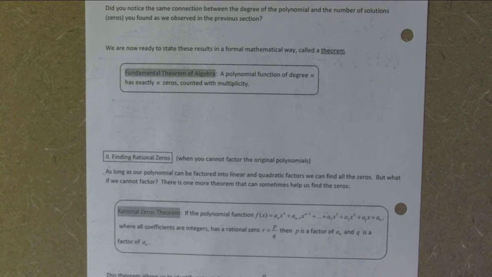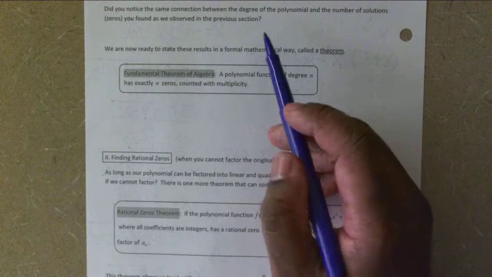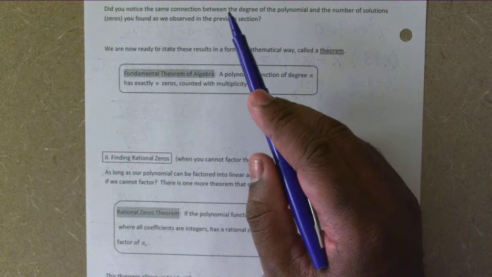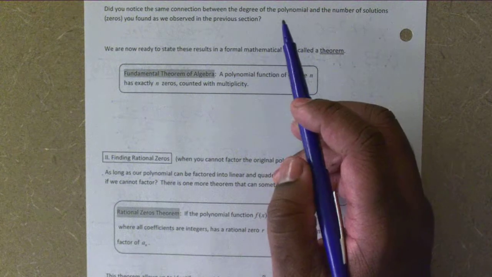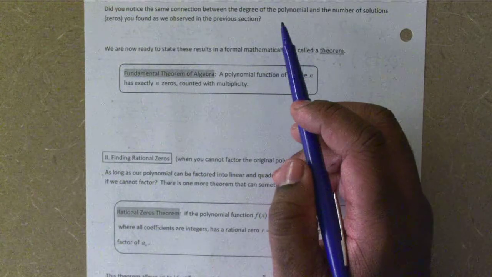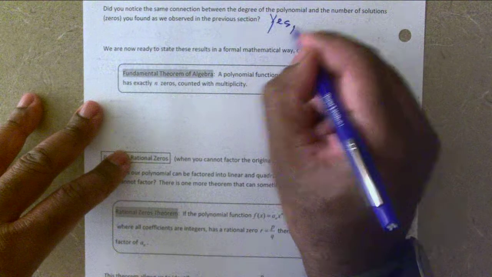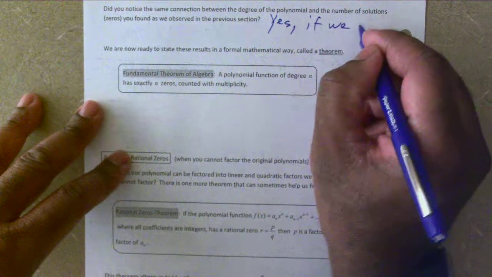Okay, I want to go back to this statement. I actually kind of glossed over this statement, but it says that we notice the same connection between the degree of the polynomial and the number of solutions. Yes, there was a connection, yes, if we count multiplicity.